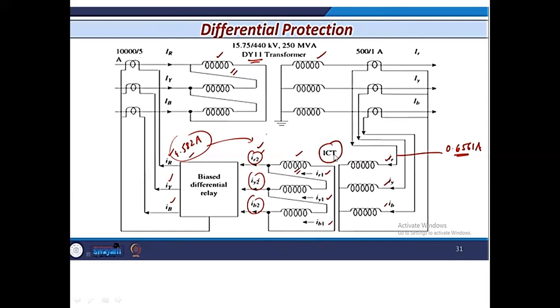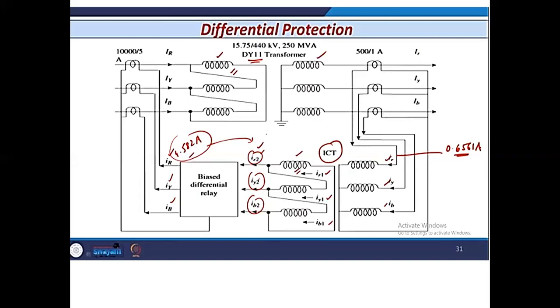So you can see that on the delta side, three currents are known, that is 4.582 ampere. We have already calculated these. And on the star side we have also calculated the current, that is 0.656 ampere, in the previous slide.